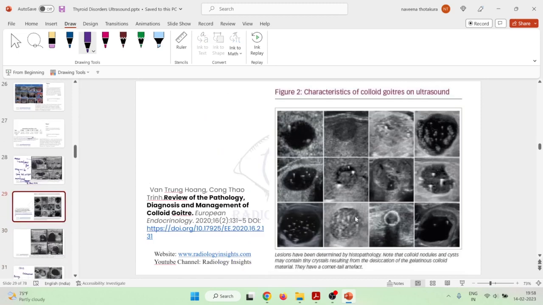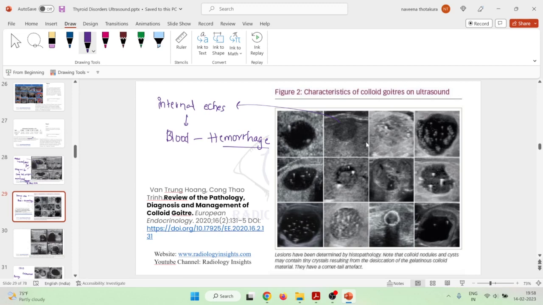Sometimes you might see an echogenic material inside. See, this has internal echoes. If the fluid inside has internal echoes, then you should always suspect that it has bled due to some hemorrhage. So hemorrhage should also be suspected if there are some internal echoes seen inside the nodule.